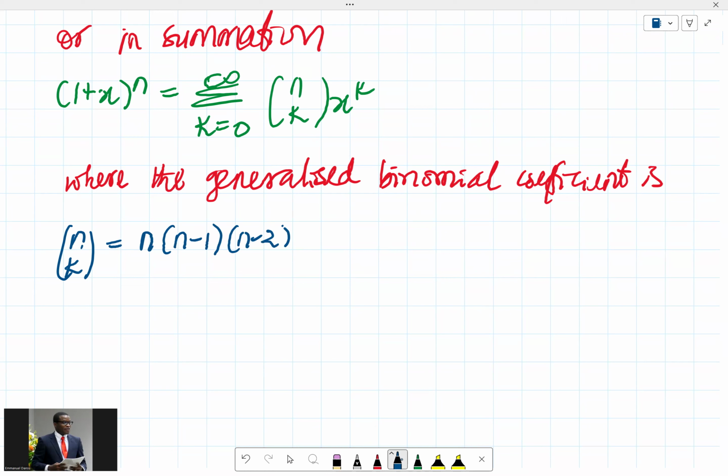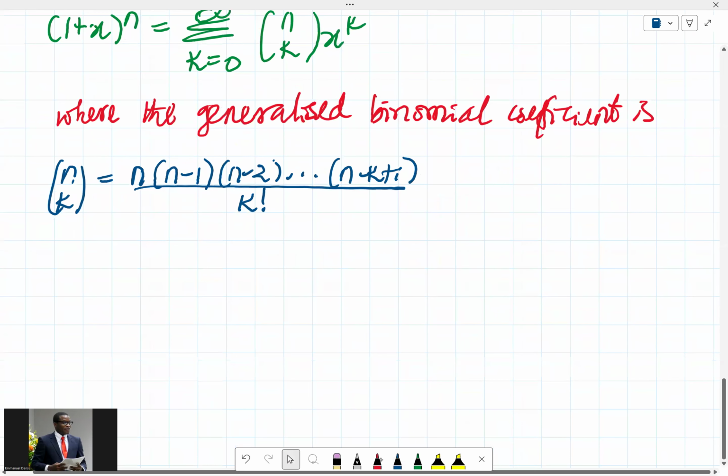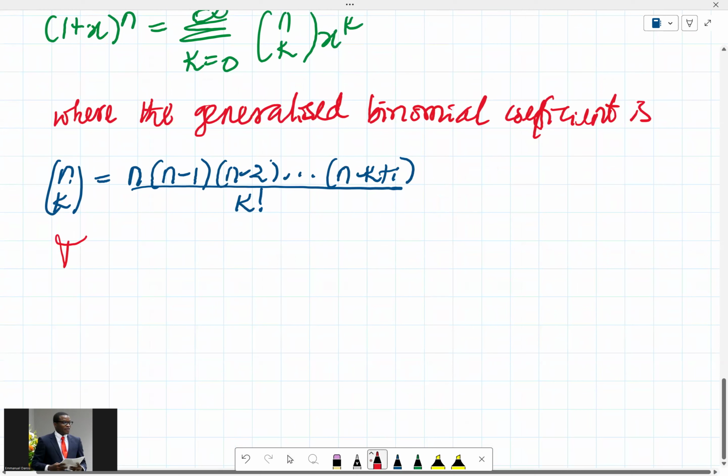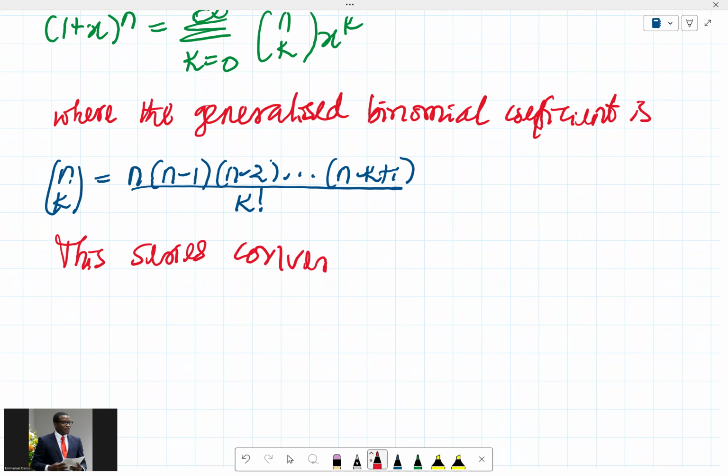It's just the normal thing, except that now you can actually have n to be fractional or a negative number. So this over k factorial, that's what we've had there. And we also know that this series converges when x lies between -1 and 1, that's, in summary, absolute value of x is less than 1.